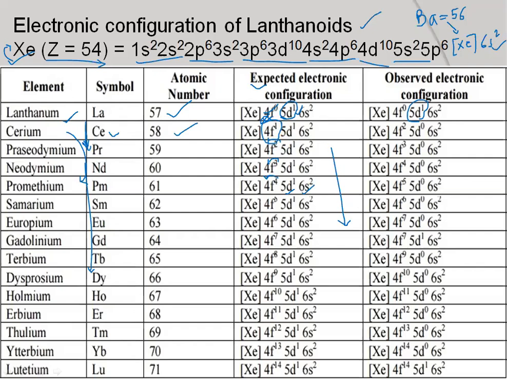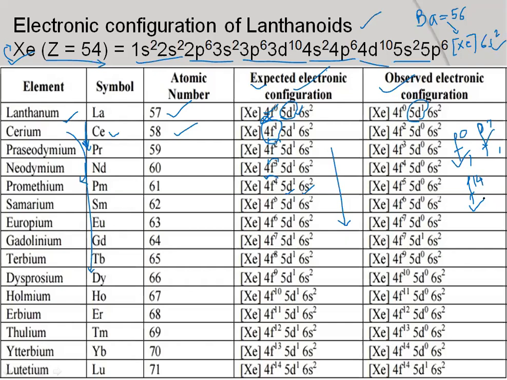But the observed electronic configuration is somewhat different from the expected electronic configuration. Why is this so? Because the energy difference between 4f orbital and 5d orbital is very low. So f0, f7 and f14 configurations are possible, right? If the element attains these configurations, that means they will achieve extra stability, because this is an empty orbital, this is a half filled orbital, and this is a completely filled orbital.